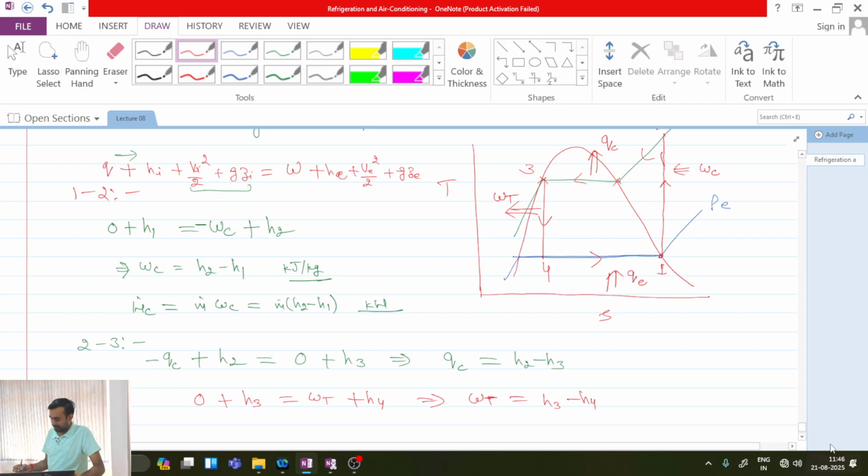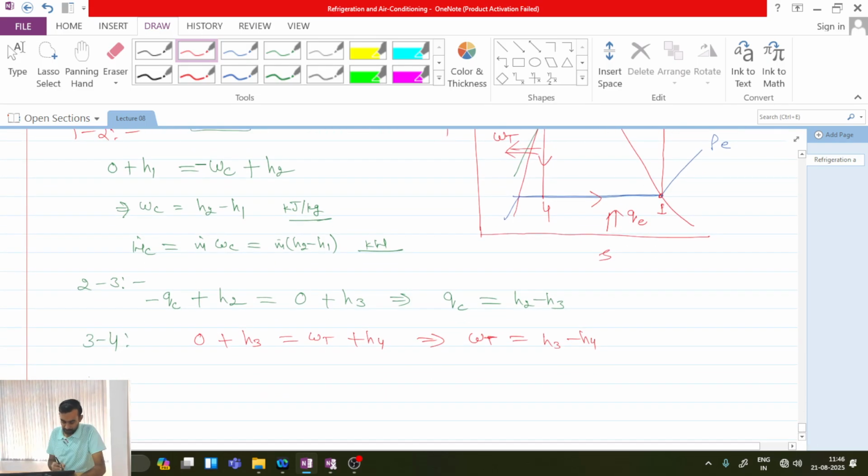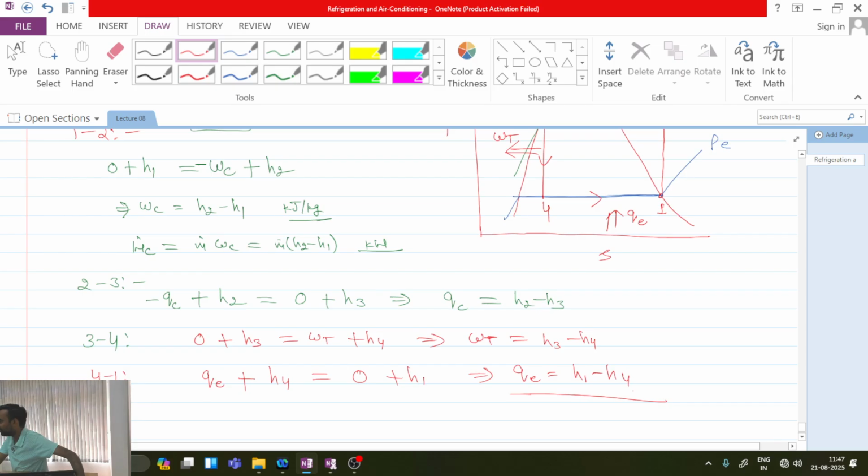Okay? And then come to process number 4 to 1. What will I get over here? Heat is added to the working fluid, so Qe will be positive. There is no work. Qe equals H1 minus H4. All are agreed to this point.